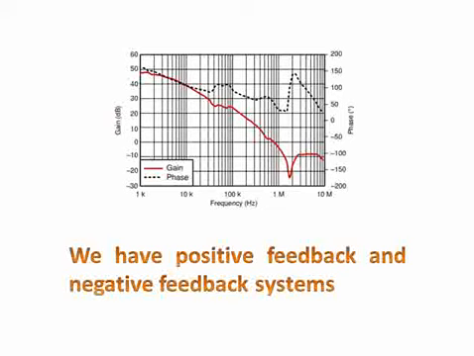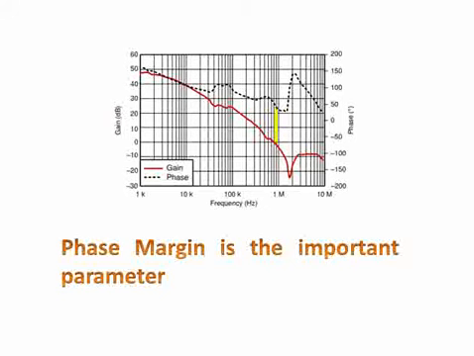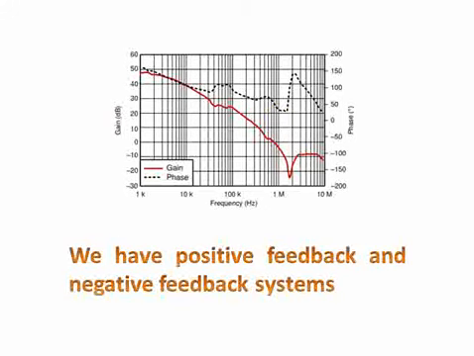The feedback could be positive feedback or negative feedback. If you take the example of an oscillator, we have positive feedback, and for an op amp, we have something called negative feedback. We use negative feedback to keep the gain under control.